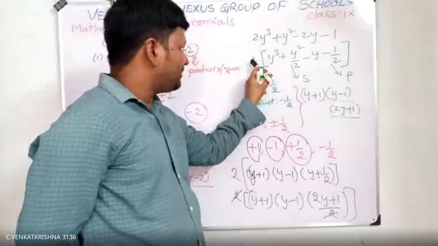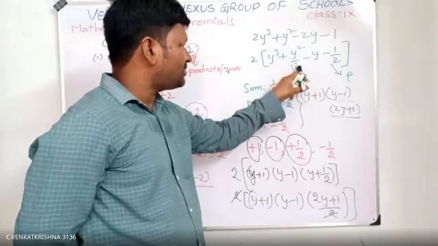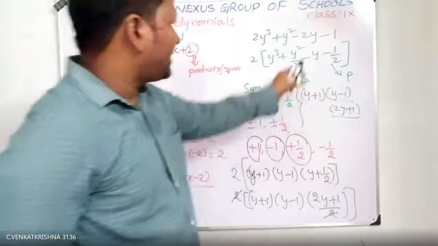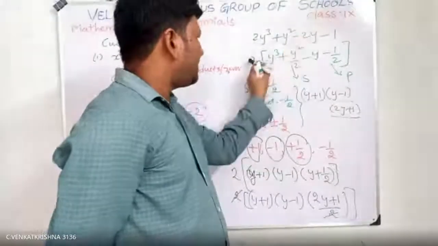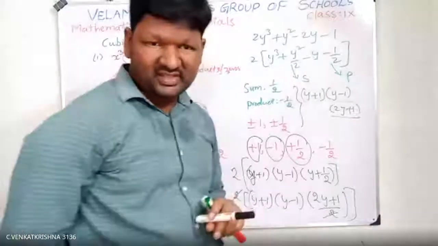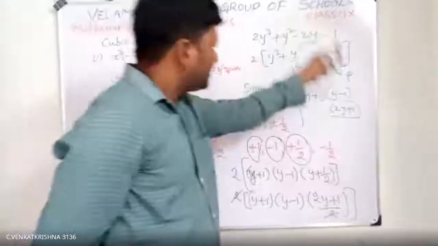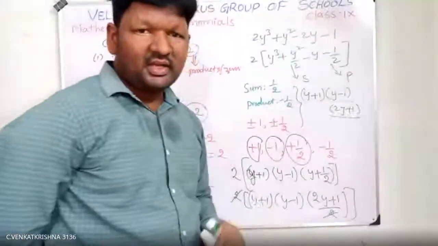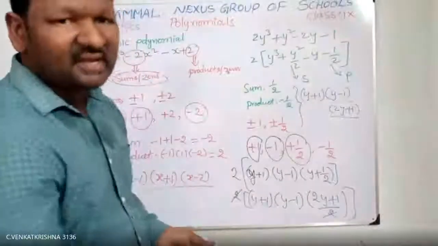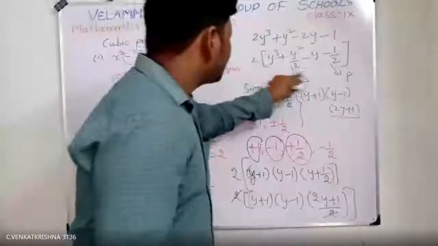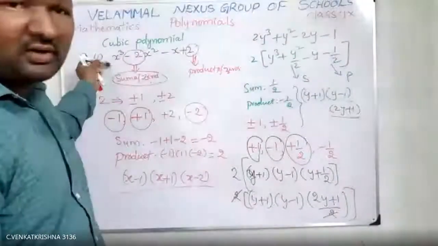If you multiply 2 into y square by 2, the 2 gets cancelled. It gives the same result. And again here, the 2 is already taken common. The remaining is minus y, divided by 2. If there is no such number, divide by the same number. Then it looks like the first one, this model, sum and product.